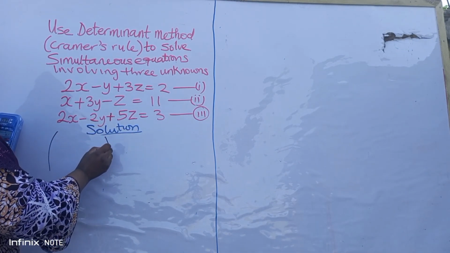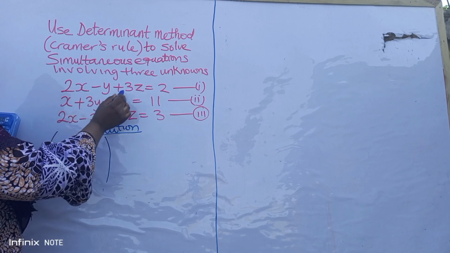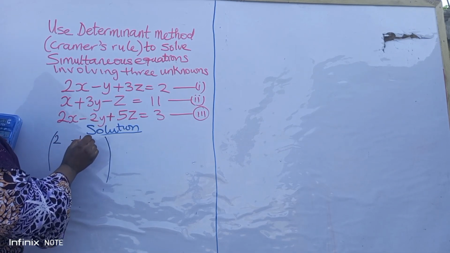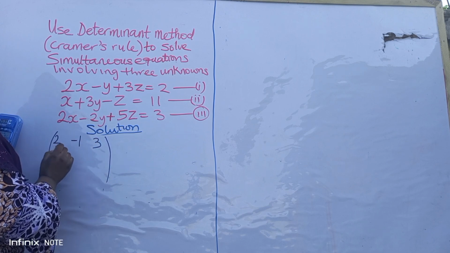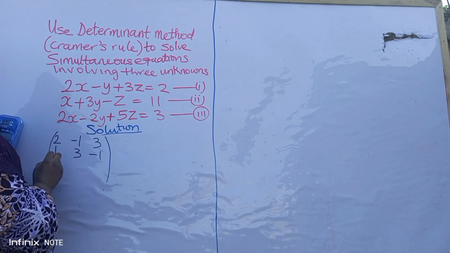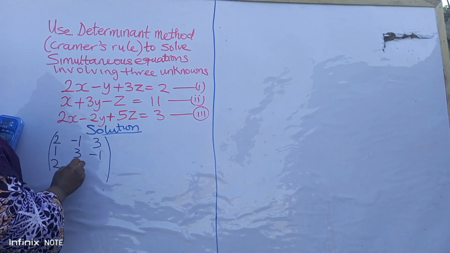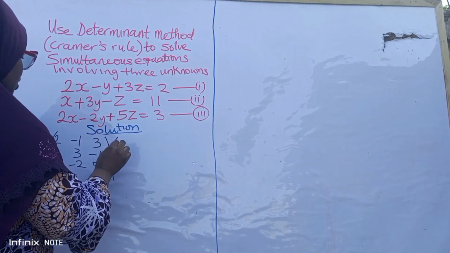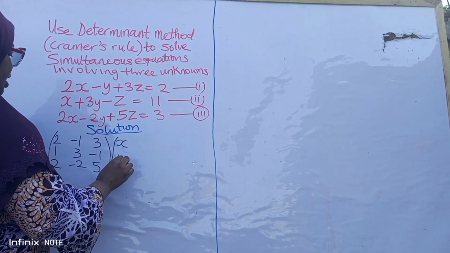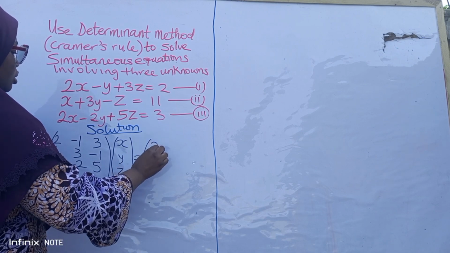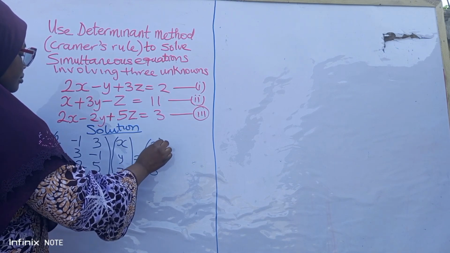So we want to write their coefficients now: 2, minus 1, 3; 1, 3, minus 1; 2, minus 2, 5. Then the unknowns x, y, z. Then equal to 2, 11, 3.